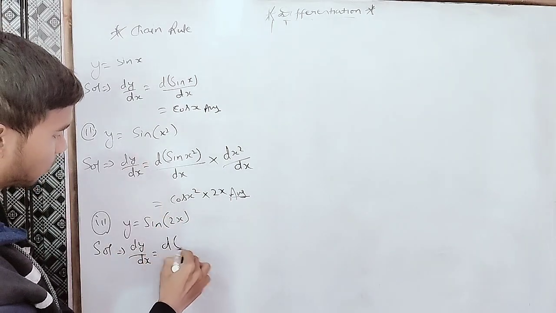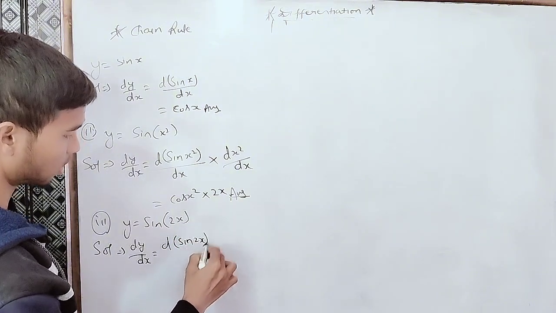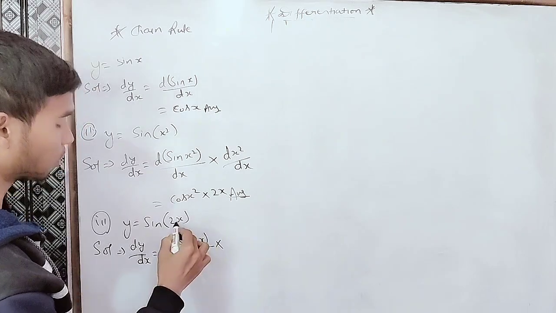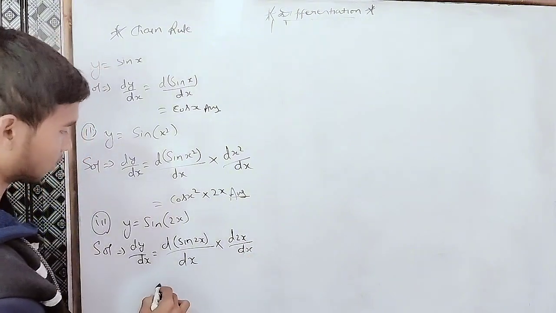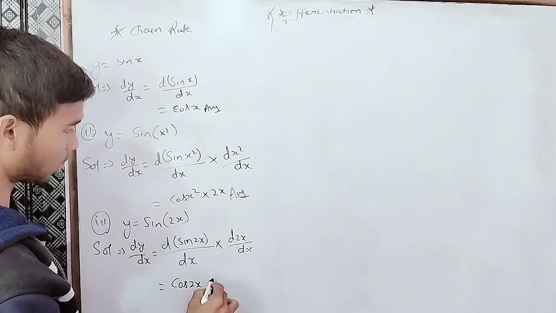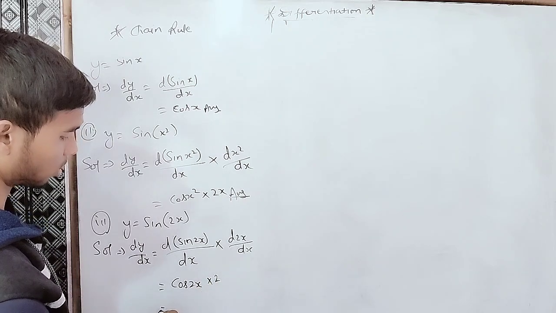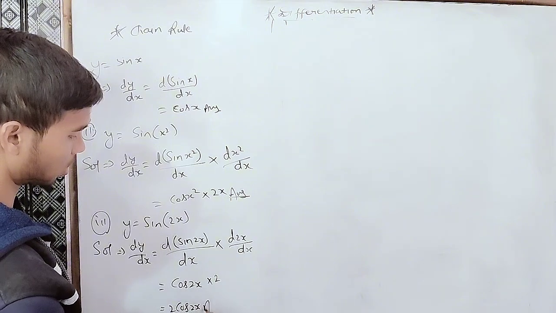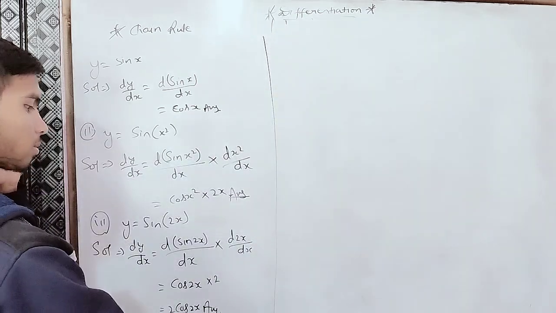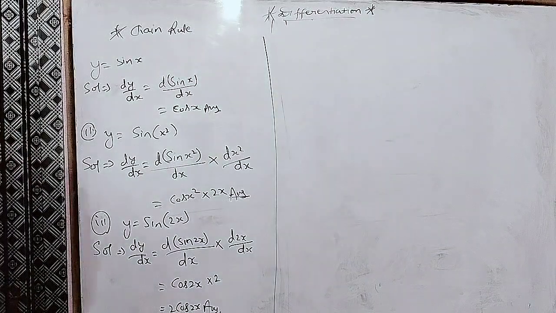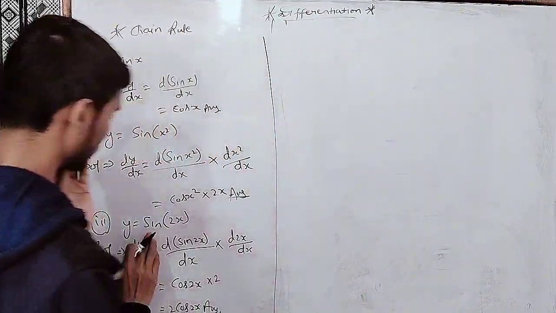First we wrote differentiation of sin 2x, then we wrote differentiation of 2x only. Cos 2x, then 2. This is the final answer of this question.